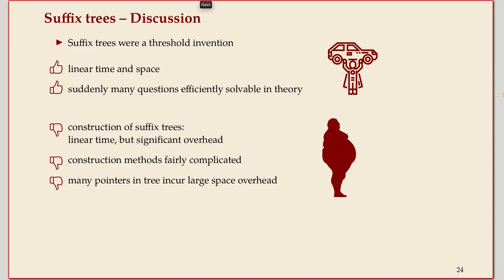The only downside is that these suffix trees are fairly heavy data structures. So it's linear space, theta of n space. But as always, this big O notation is a little dangerous in that it hides all those constants. And it turns out for suffix trees, both in the construction time and in the space, those constants are not quite negligible.